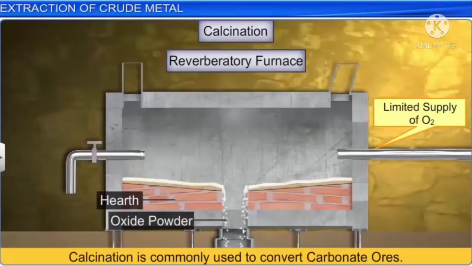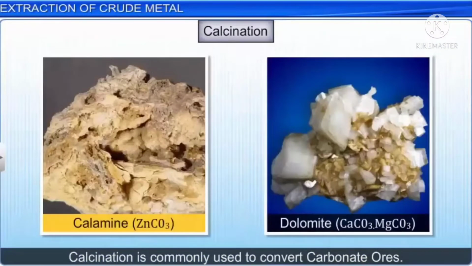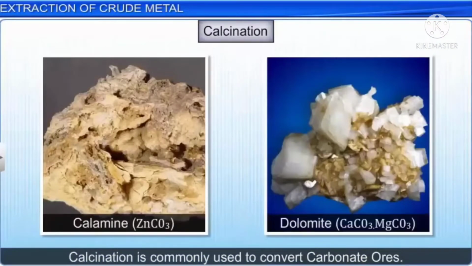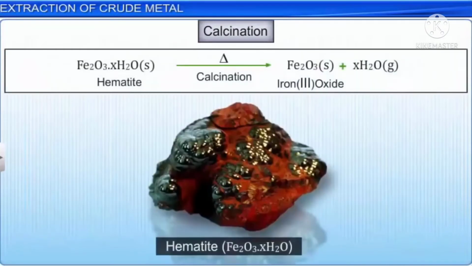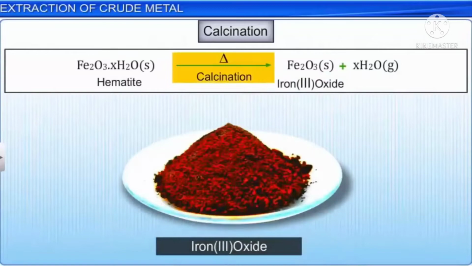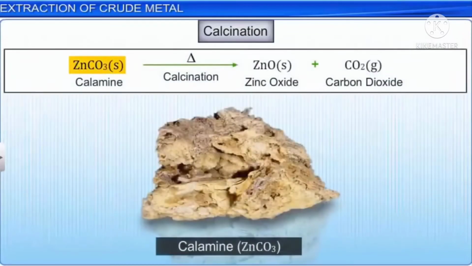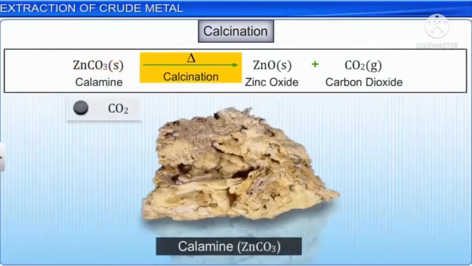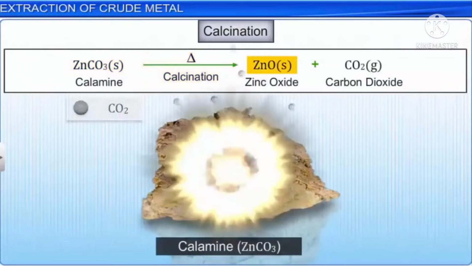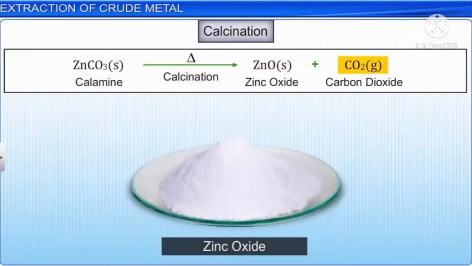This method is commonly used to convert carbonate ores, such as calamine and dolomite, into their oxides. Also, the hydrated ores lose water of crystallization during calcination. When calamine, that is, zinc carbonate, is subjected to calcination, zinc oxide is formed and carbon dioxide is liberated.